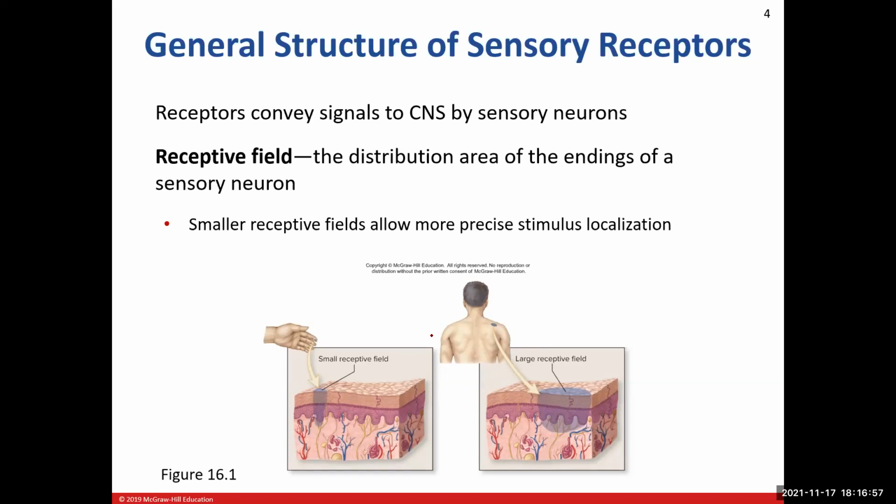And so if that sensory neuron gets activated, you will have a general idea of where the stimulus is, but because it's a large receptive field, it's going to be a little bit more difficult to locate the precise area of where that stimulus occurred. So a small receptive field gives us more of a precise location for the stimulus. A large receptive field will not give us as much of a precise location for our stimulus.